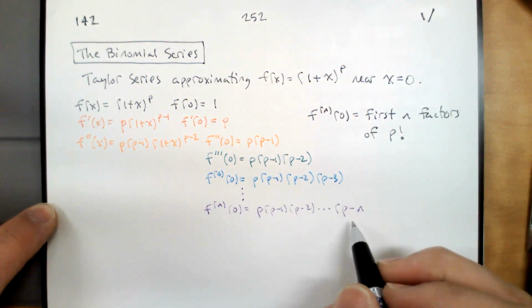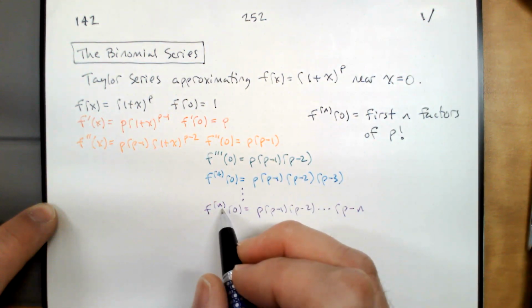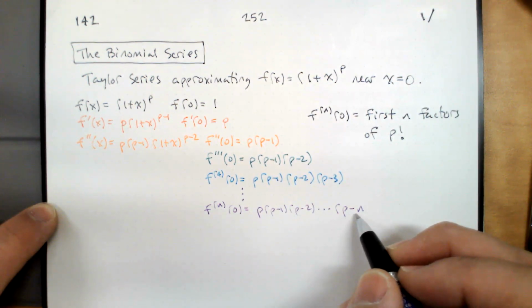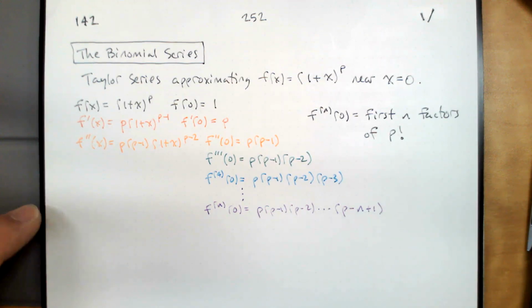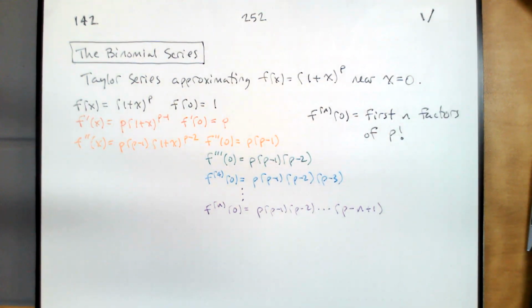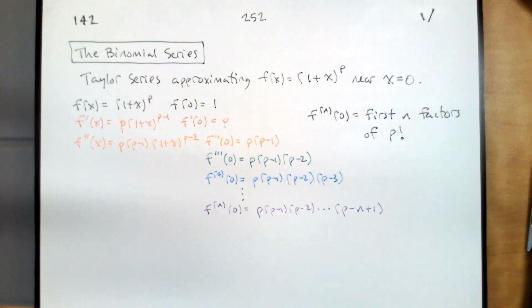So when n is n, we stop at not p minus n, but p minus n plus 1, because the first one is p minus 0. The nth derivative has the first n factors of p factorial.